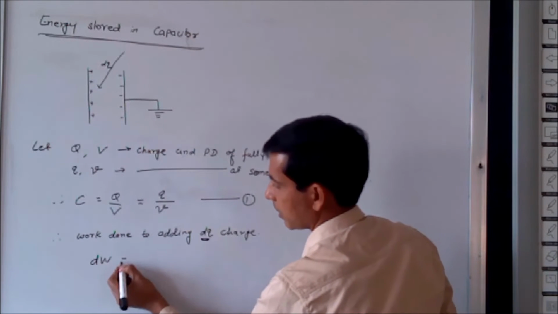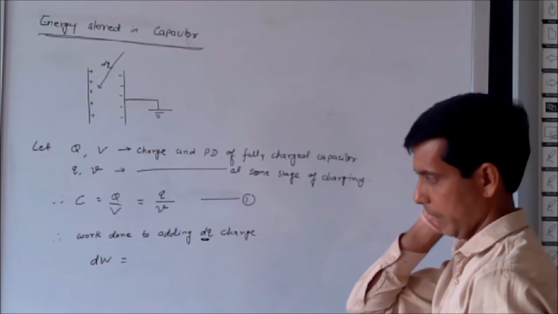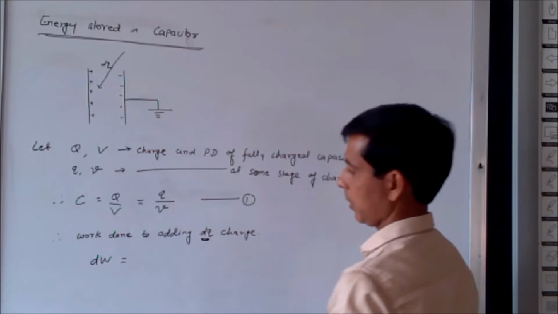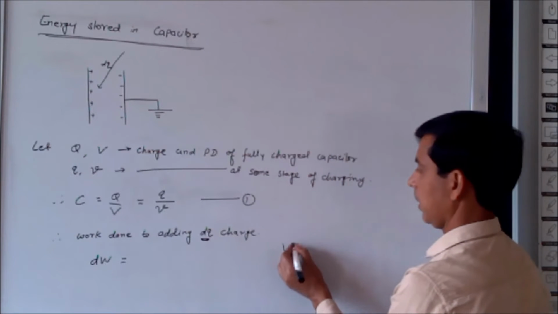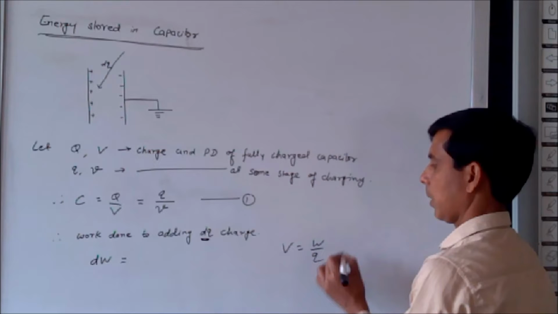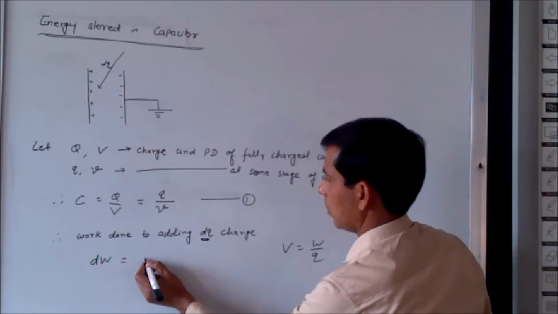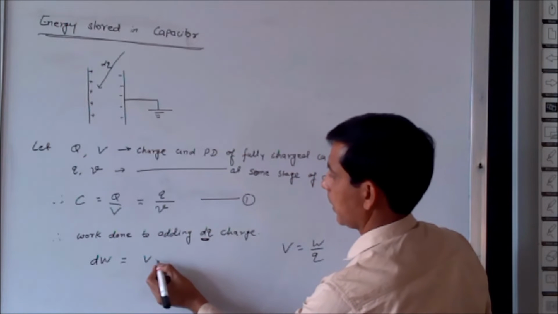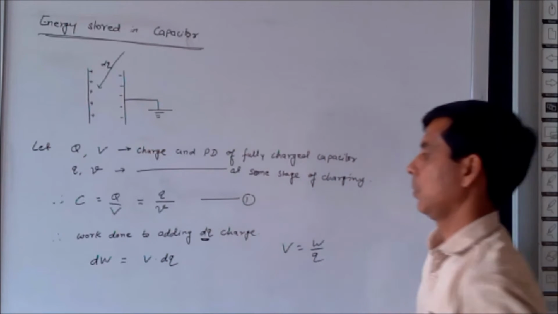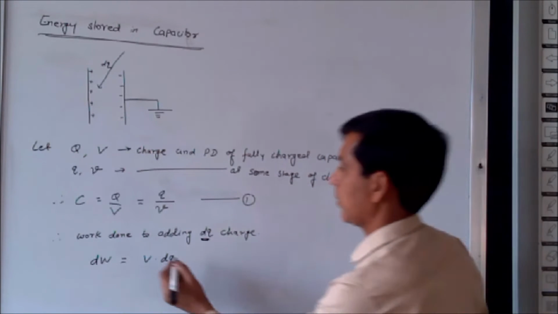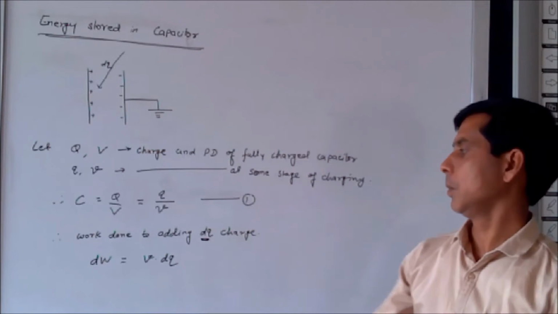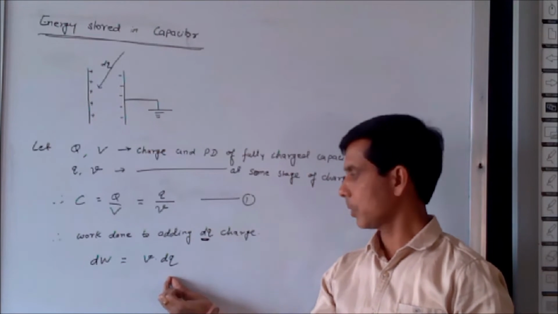Therefore, here the symbol dW is taken. We know that V equals W by q. From this, dW will be equal to V into dq. Work done equals potential into charge.